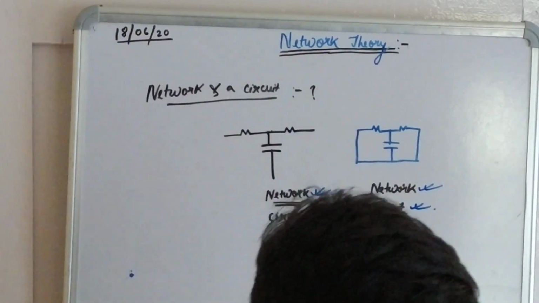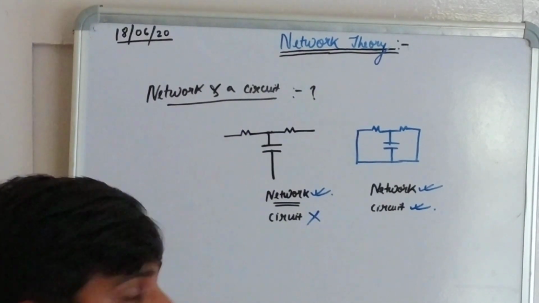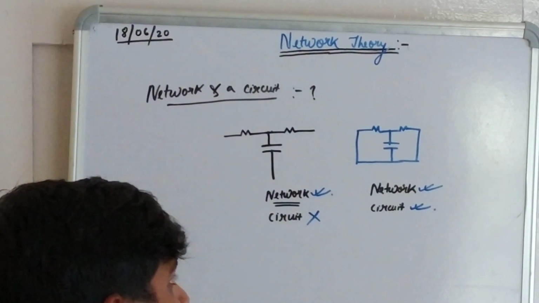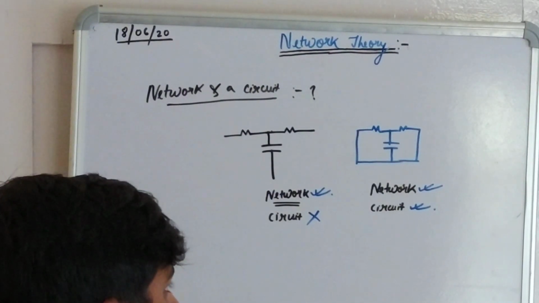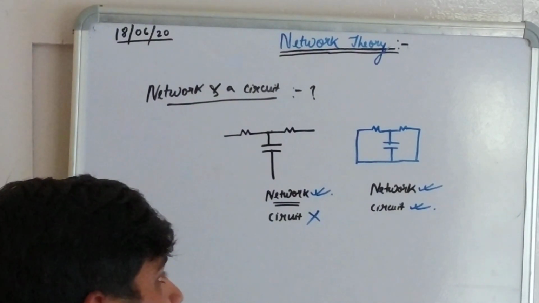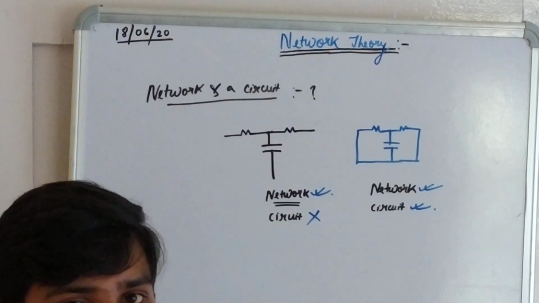So remember, a network is a combination of electrical components which may or may not have a closed path, but a circuit is a combination of electrical components which must have a closed path. Okay?